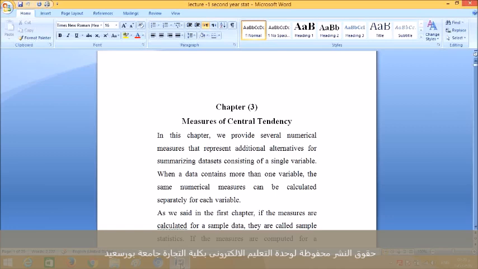So we have 4 functions to draw a bar graph. You know that the bar graph is made of rectangles, and every one represents the frequency of the qualitative data.